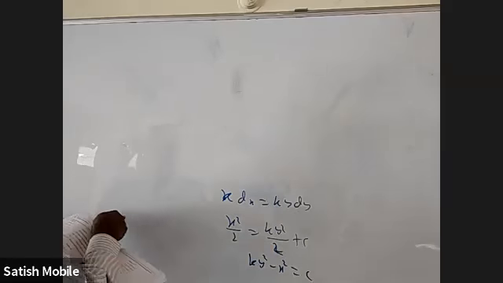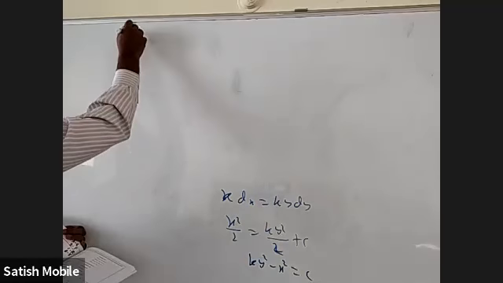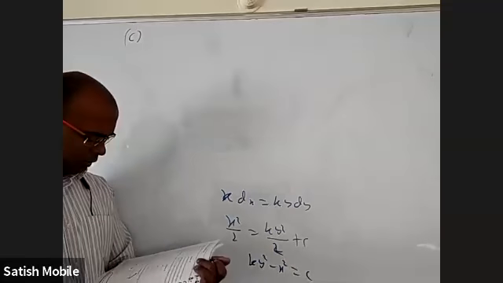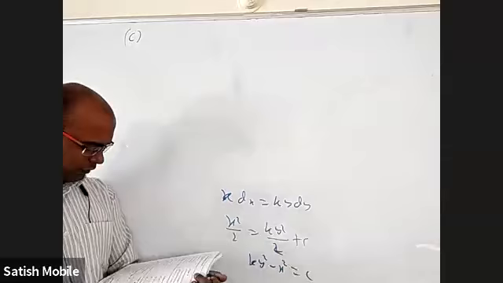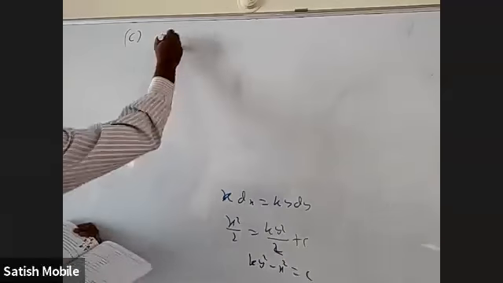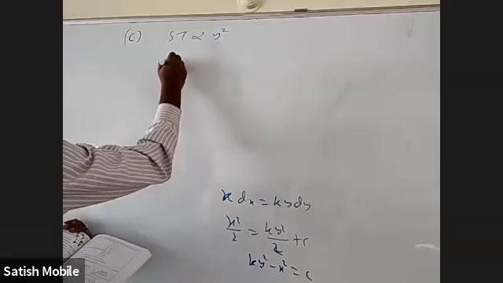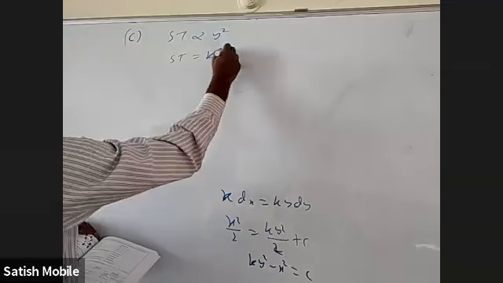Okay, coming to C bit. The subtangent at any point P varies as the square of the ordinate. Subtangent is proportional to y square. That means subtangent is equal to some constant times y square.